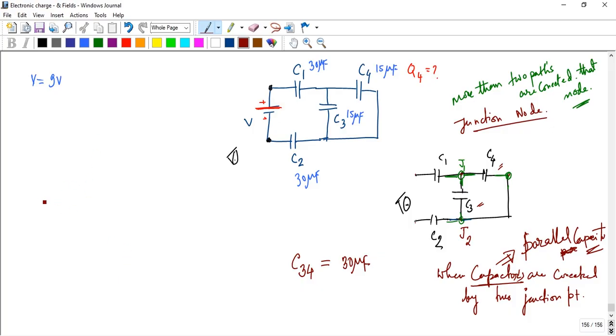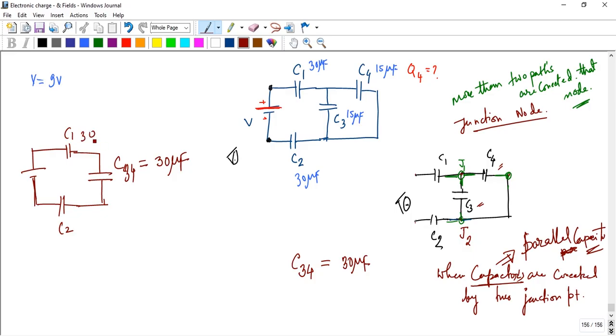Now modify the diagram. The source, then C1, C2, and the combined capacitor C34, each 30 microfarad, with the 9 volt source.